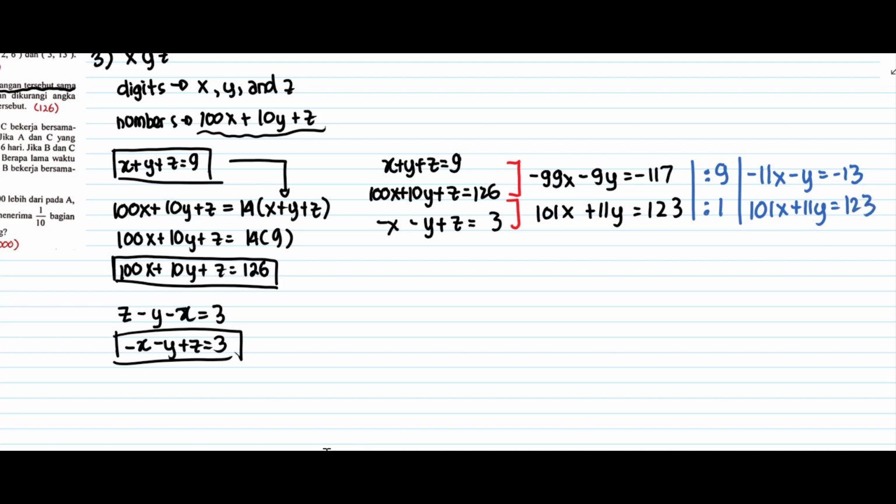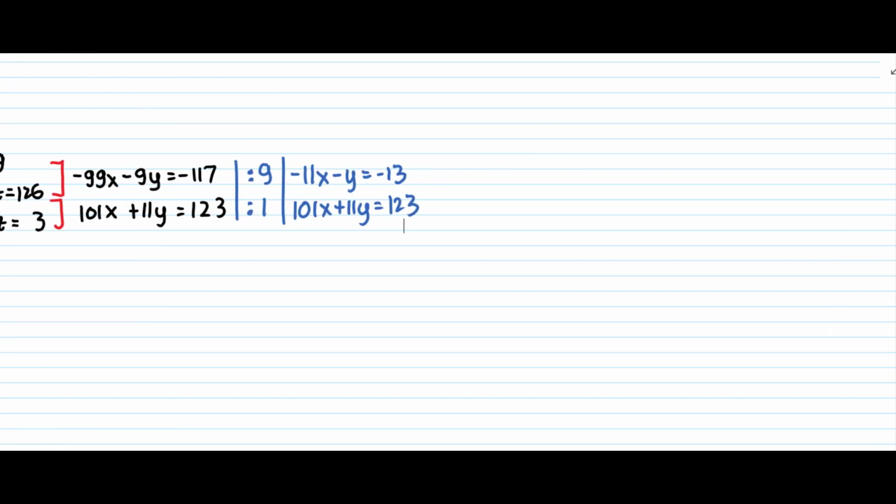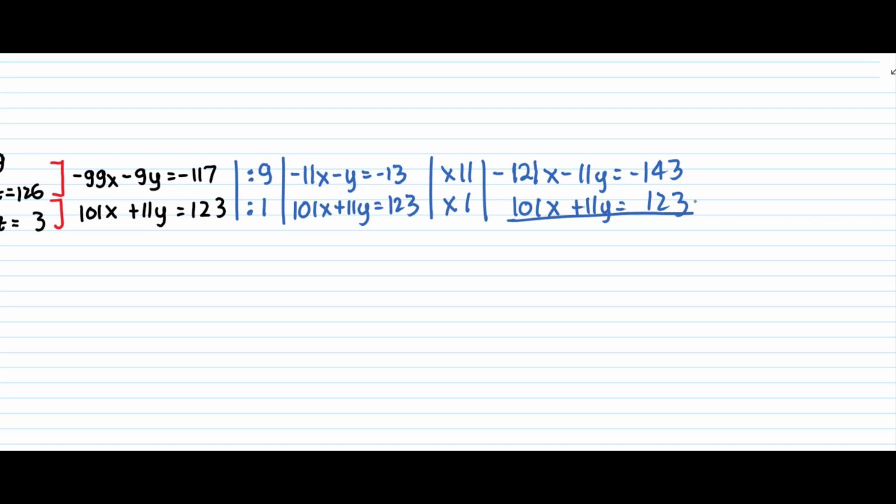Oke, yang atas kita kali 11 biar y-nya sama. Kali 11 jadinya minus 121x minus 11y sama dengan minus 143. Yang ini 101x plus 11y sama dengan 123. Kita tambahin biar y-nya hilang.